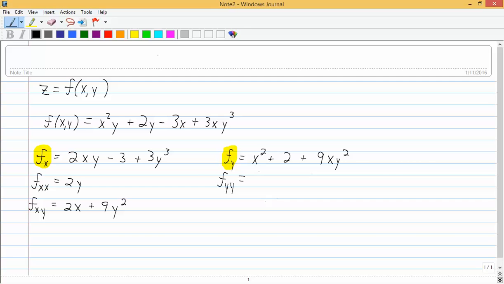So that's going to be 0, that's going to be 0, and that's going to be 18xy. Okay.